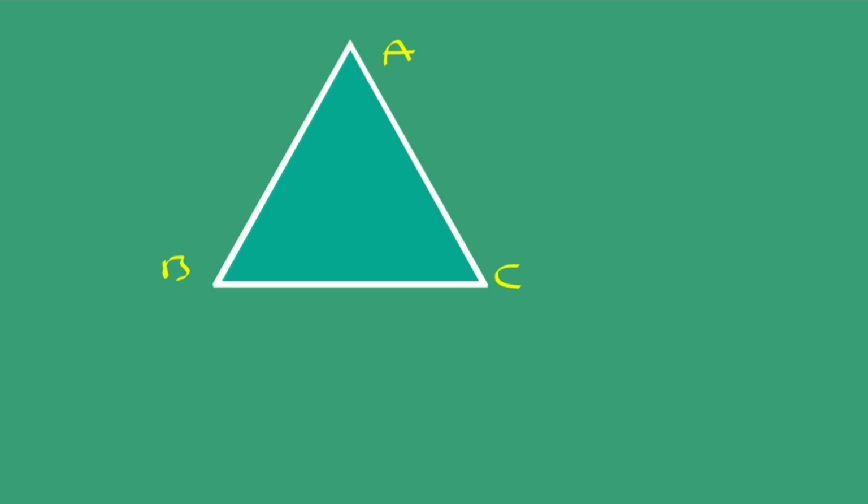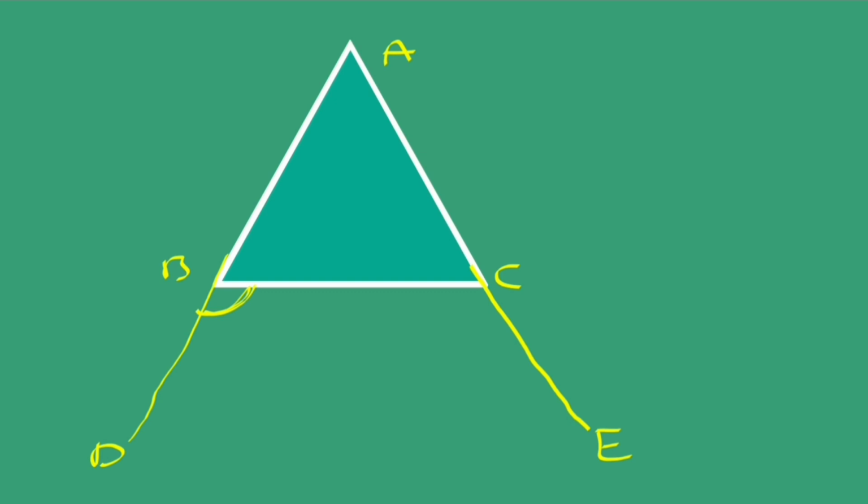This AB line is extended up to D, and AC line is extended up to E. Now this DBC angle is an exterior angle, no?